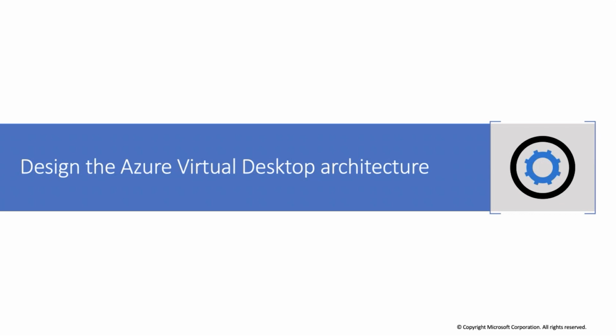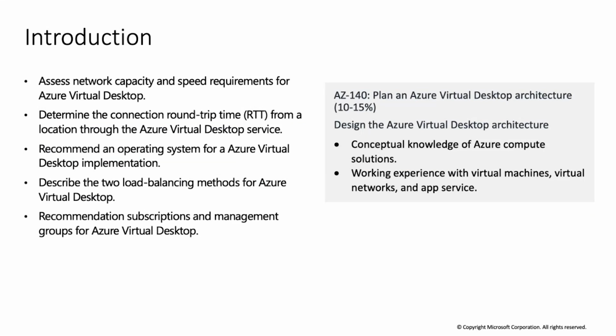So what is this section going to talk about? This design Azure Virtual Desktop architecture section helps you take some key decisions. Among them, one is related to the network: what exactly the network is, and what the network capacity and speed requirements should be.